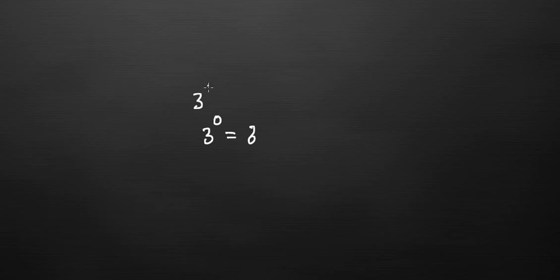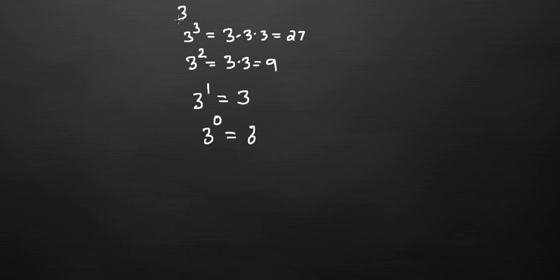So the next one is 3 to the 1, that is just 3, and then 3 squared, that is 3 times 3, which is 9, and then 3 raised to third power, which is 3 times 3 times 3, and that's 27, and then finally 3 raised to 4 power, which is 3 times 3 times 3 times 3, and that is 81.